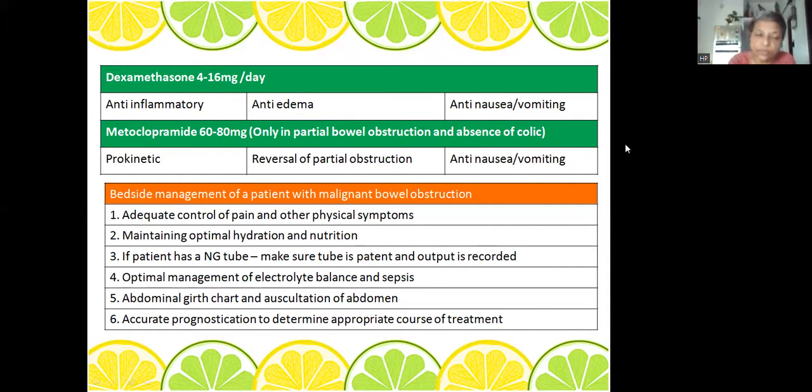Okay. And of course, accurate prognostication to determine the appropriate course of treatment. So now the thing is, when we do the goals of care, we have to prognosticate to see what appropriate treatment we can give to this patient.